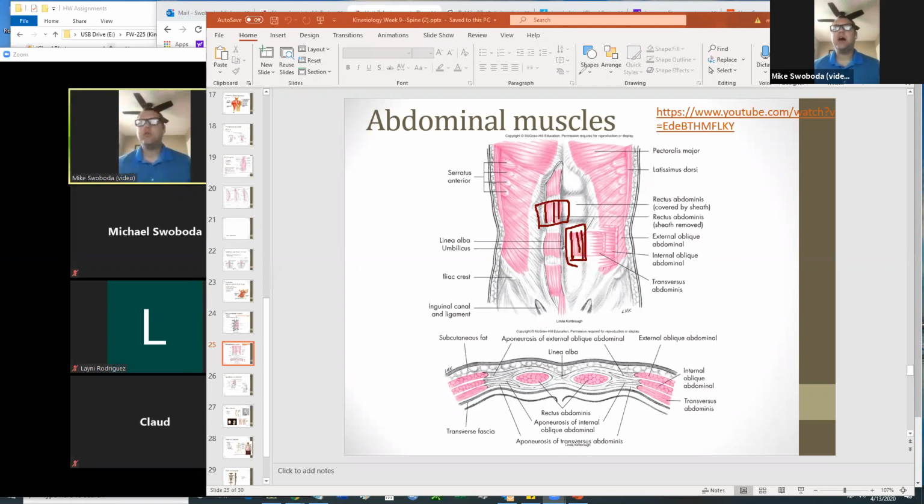If you look at the other muscles we have here, external oblique and internal oblique, sorry. Internal oblique, external oblique. So this here, internal, this here, external, that's transversus, sorry. They are side to side, okay?